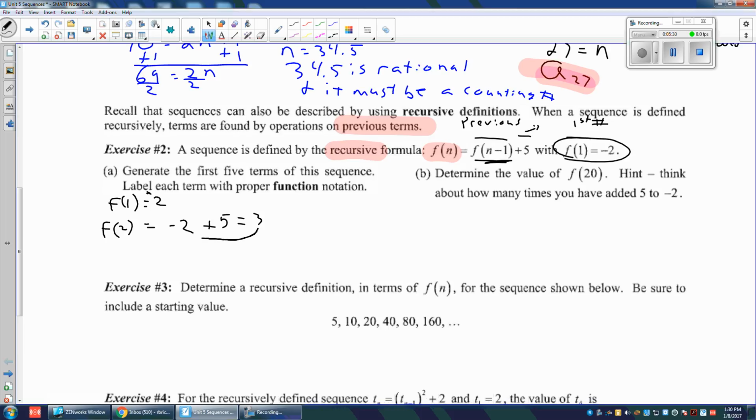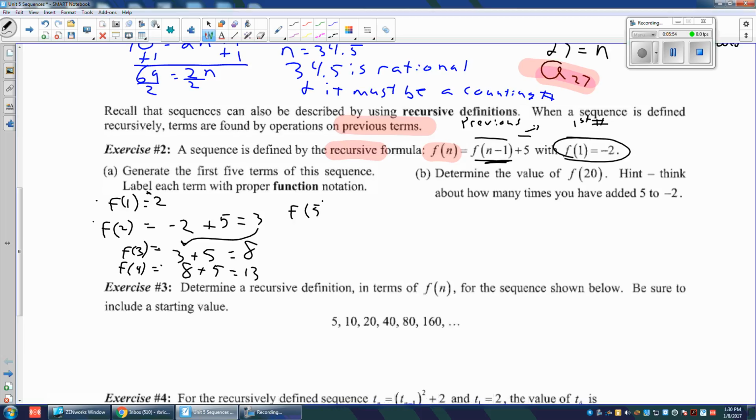Then we take the 3, and we add 5, and we get 8. Then we take the 8, and we add 5, and we get 13. Let me see, 1, 2, 3, 4. So this is f of 3, f of 4, and it says find the first 5.